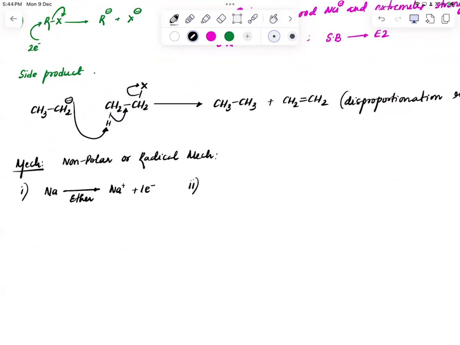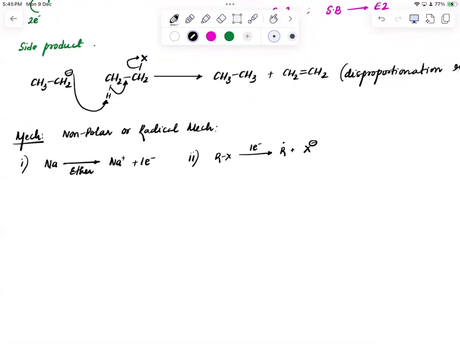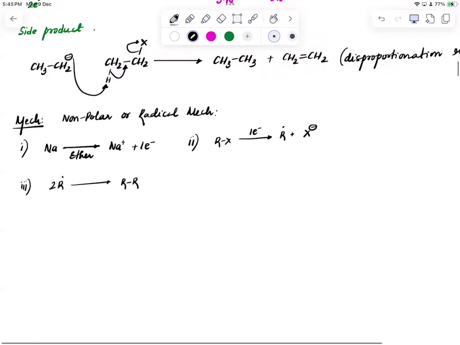Second step: if you take RX, this one electron can hit the alkyl halide to remove it as R dot and X minus. And the third step is that these 2 moles of R dot can terminate with each other to convert into R-R. So this is another way of explaining.